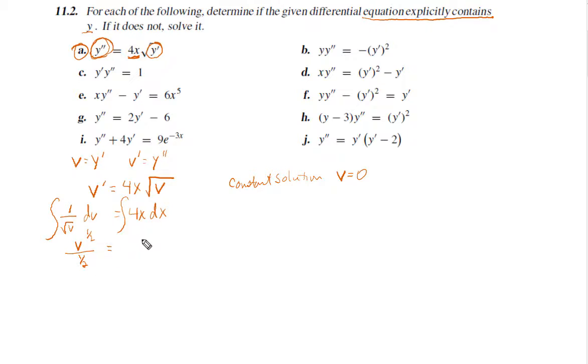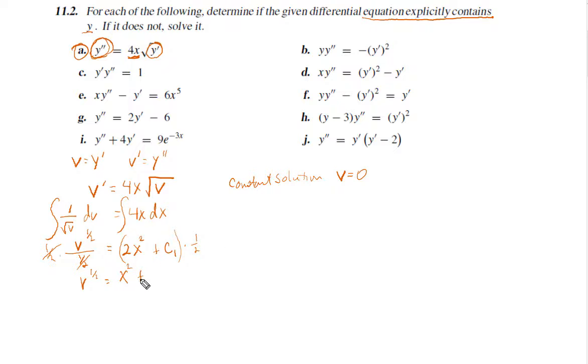The integral of 4x would be 4x squared over 2, or 2x squared. And then we'll use our constant of integration over here. And we'll solve for the v. So multiplying both sides by 1/2 will get rid of the 1/2, and we'll have just v to the 1/2 equals 2 times 1/2, which would be 1 x squared.